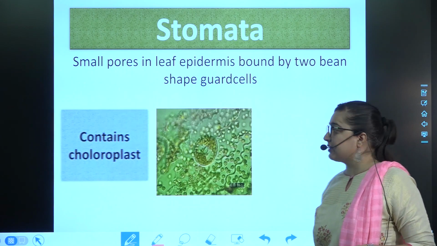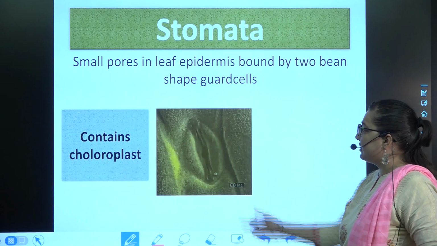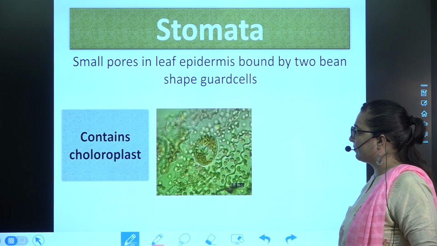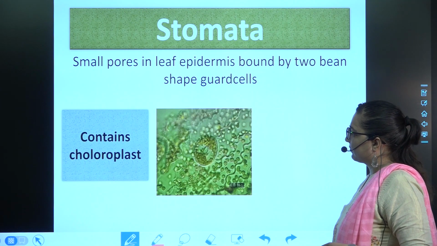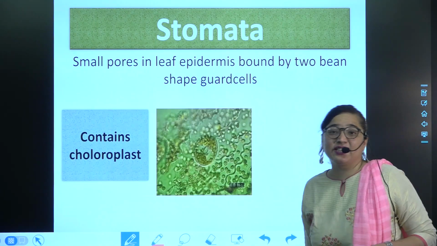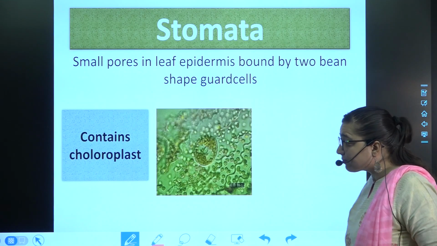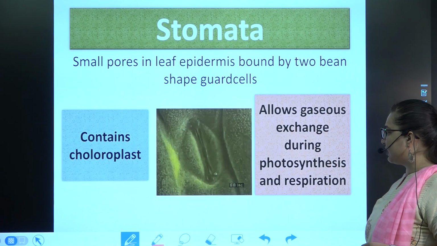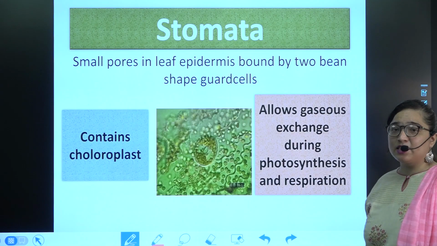Here it contains chloroplast. See, you can see the opening. Just observe it. It will open up. This is how the gaseous exchange is taking place. So, it will allow the gaseous exchange during photosynthesis and respiration.